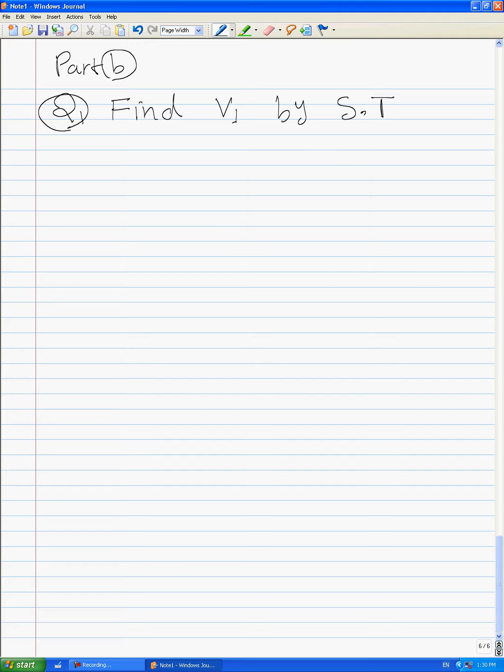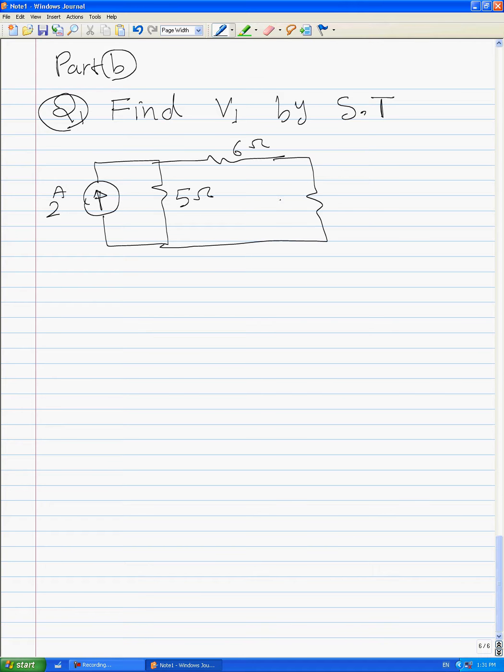The circuit is like we have 2 amps here and 5 ohms here and 6 ohms here and 5 ohms here and 2 amps here.